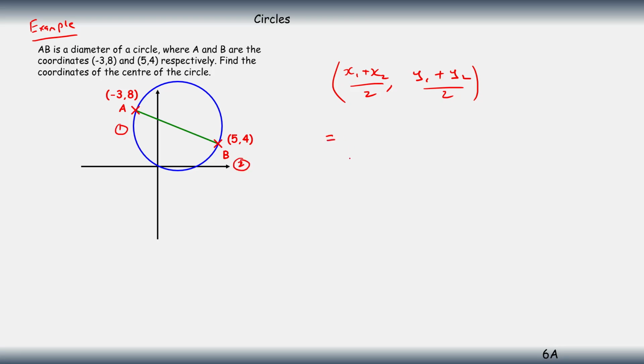So our coordinates of our midpoint, or the center of the circle, is going to be x: -3 plus 5 divided by 2, and for y we've got 8 plus 4 divided by 2. That gives us 2 over 2, which is 1, and 12 over 2, which is 6. So the center is at 1, 6.